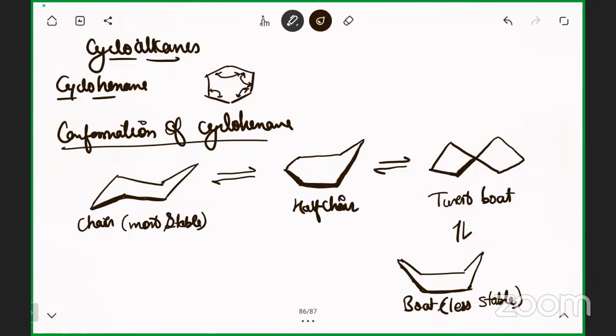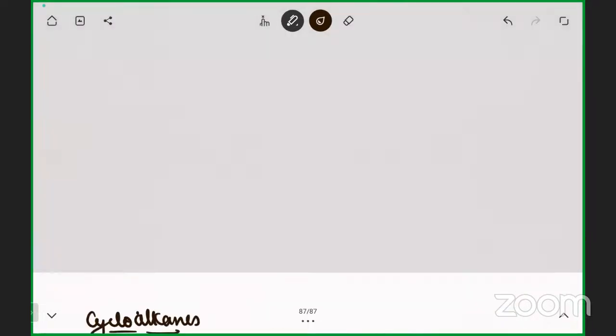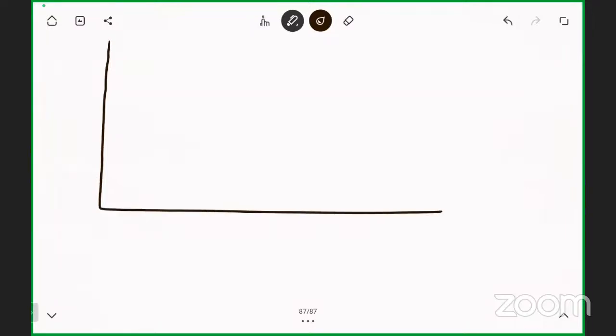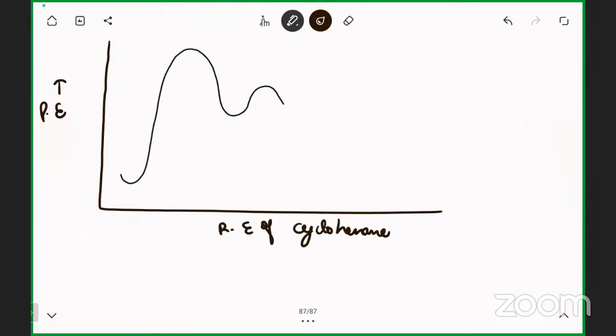See, if we make the graph, it will be in this order. If this is the potential energy and this is the relative energy of cyclohexane, you'll see the graph will be like this.